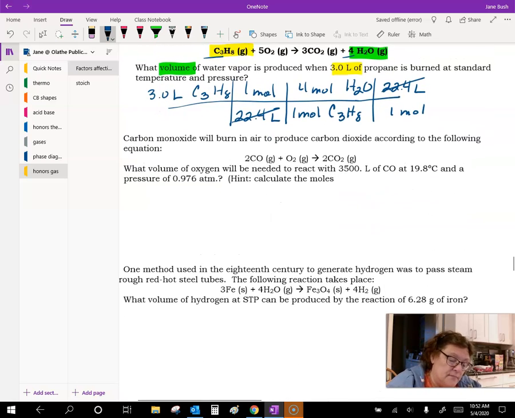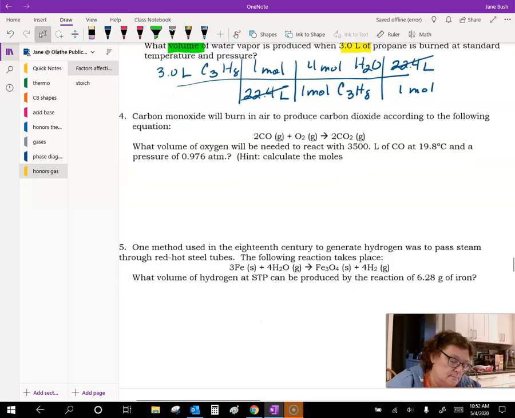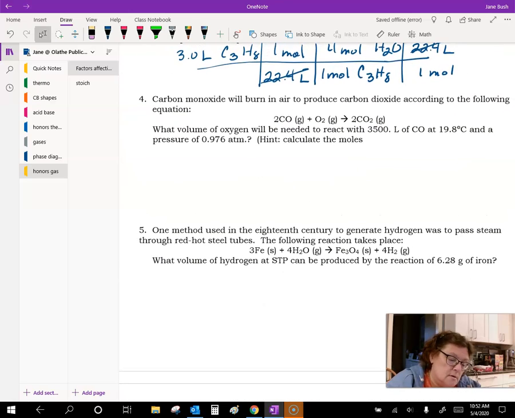So if we look at the next one, we've got 3,500 liters, and we're going to go to volume of oxygen. We should be able to do this.